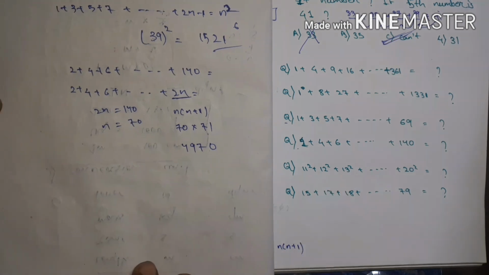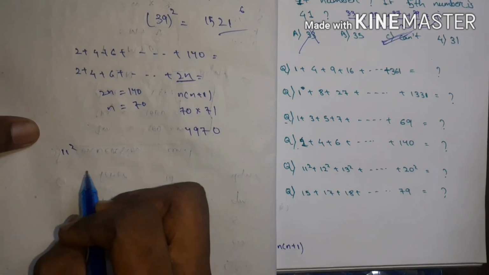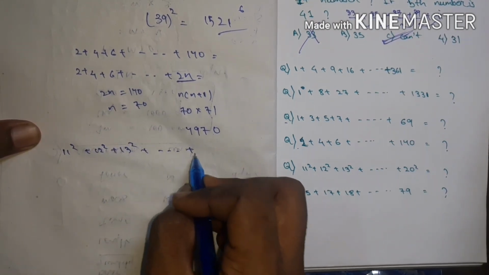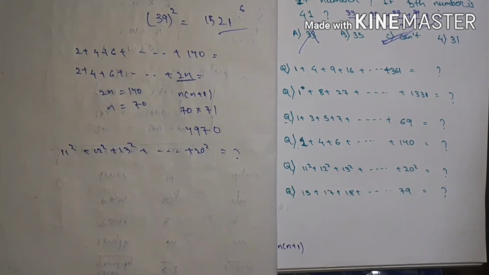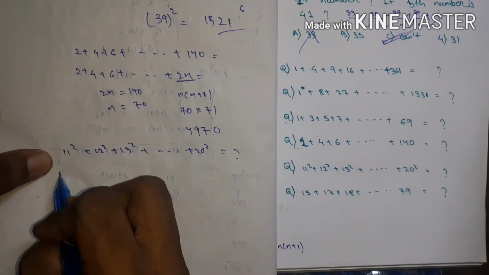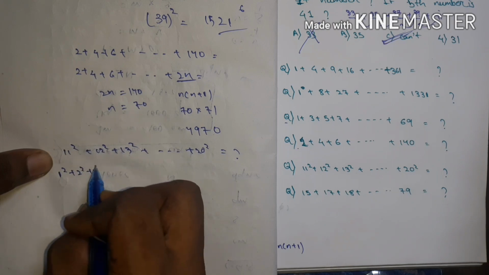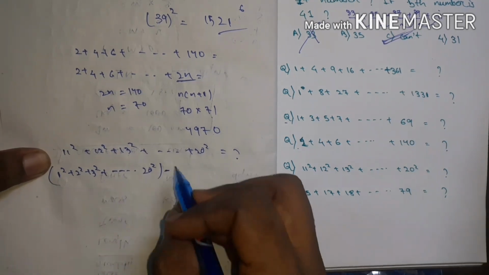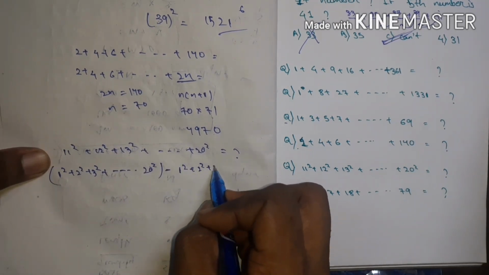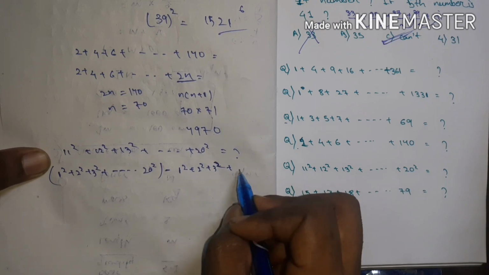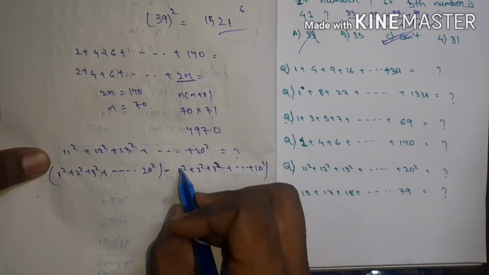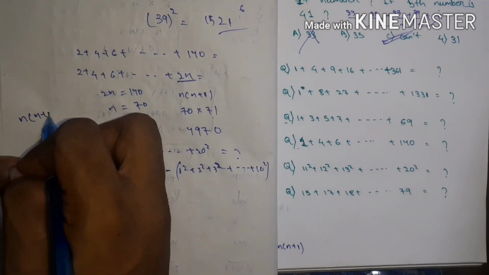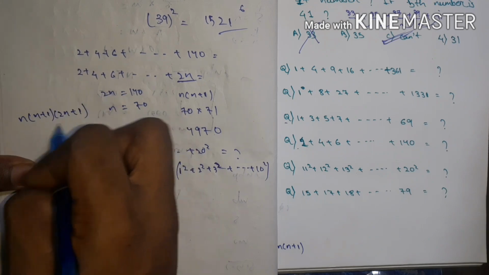Next, go for this question: 11 square plus 12 square plus 13 square plus dot dot 20 square. What is the answer of it? It means 1 square plus 2 square plus 3 square up to 20 square, minus 1 square plus 2 square plus 3 square up to 10 square. What is the series formula? n into n plus 1 into 2n plus 1 by 6.